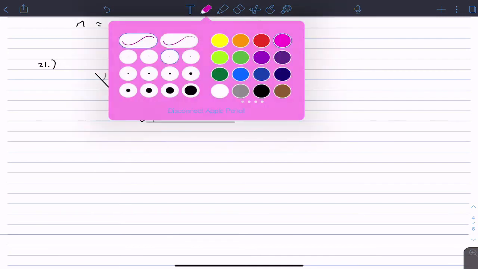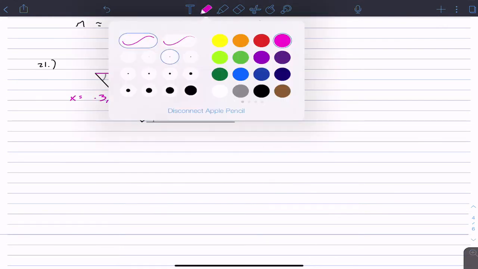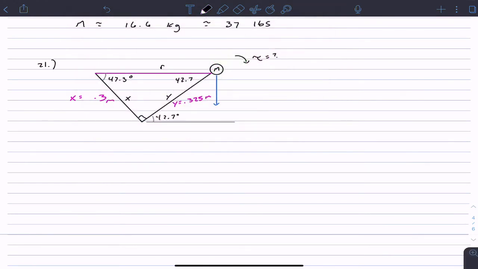So let's go ahead and draw a horizontal line, and I'll mark a couple things here. Right, so we have this unknown position vector r. We also want the torque of the dumbbell on the shoulder.